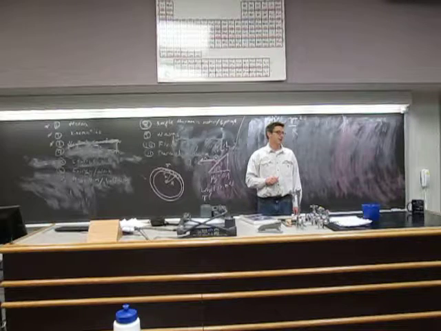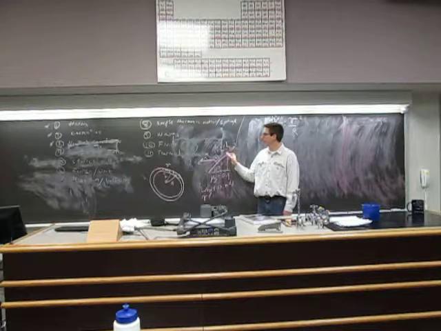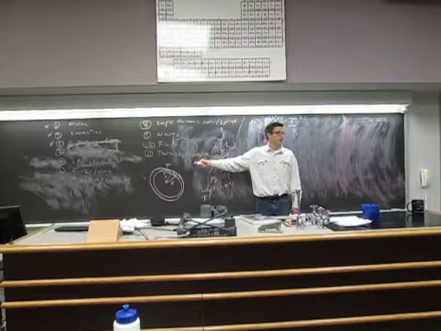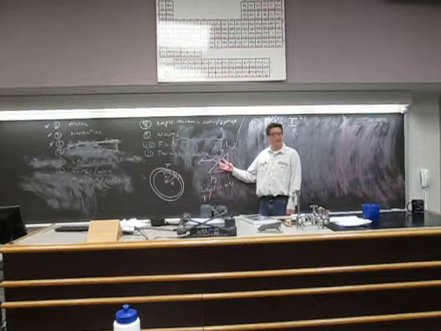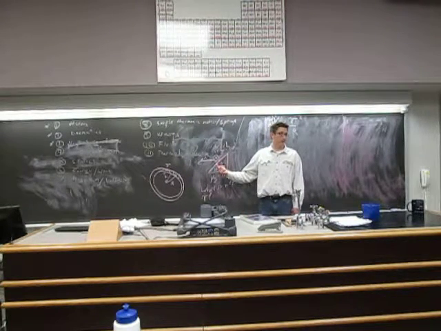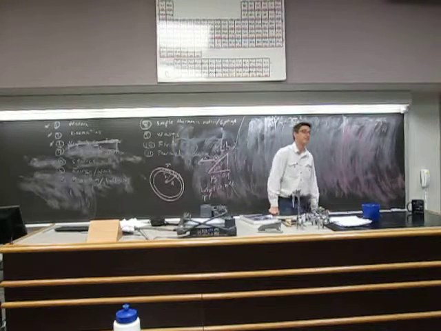You're not sliding down the track, you're not sliding up the plane, but there is an acceleration towards the center of the circle. So this is slightly misleading as a block on the plane problem, because I have to note there is an acceleration here.